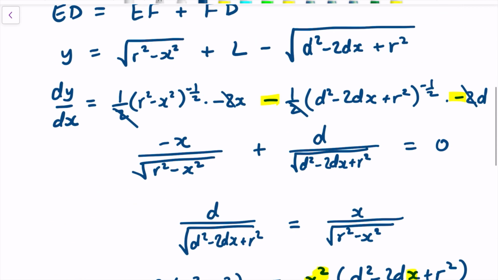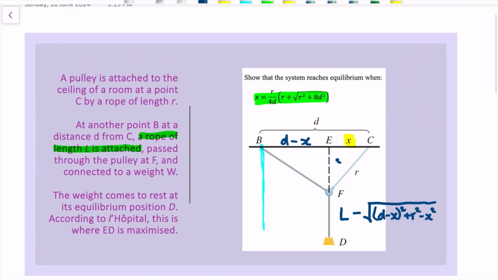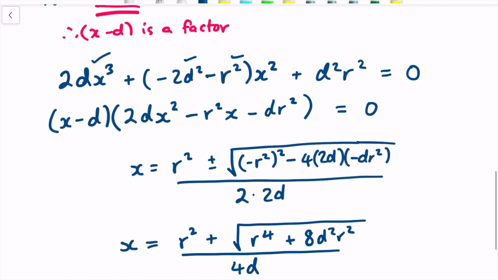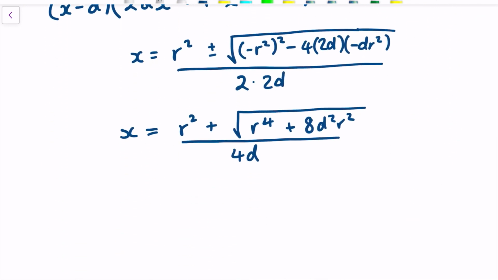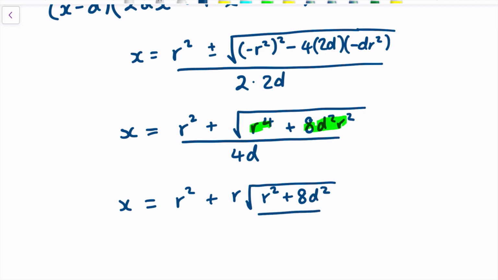And then just check what we're trying to aim for: r squared plus 8d squared. Okay, r squared plus 8d squared. Underneath the root there's a common factor of r squared in these two expressions, which means we can factor it out of the square root. When we take r squared out of the square root, it becomes r, and we're left with r squared plus 8d squared.